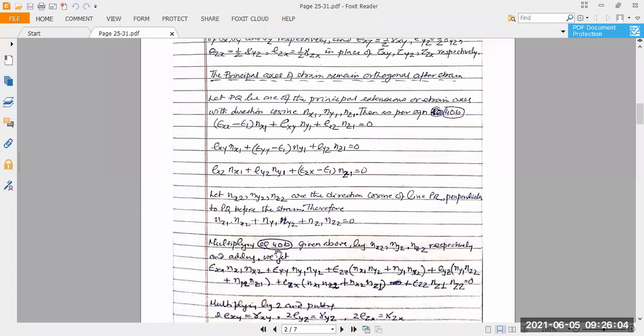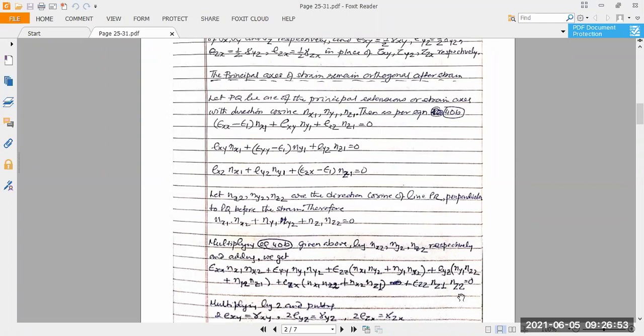Now multiply the equation 40b given above by nx2, ny2, nz2 and add them. We get epsilon xx nx1 nx2, epsilon yy ny1 ny2, epsilon zz nz1 nz2, and the shear terms, and the sum is equal to 0.